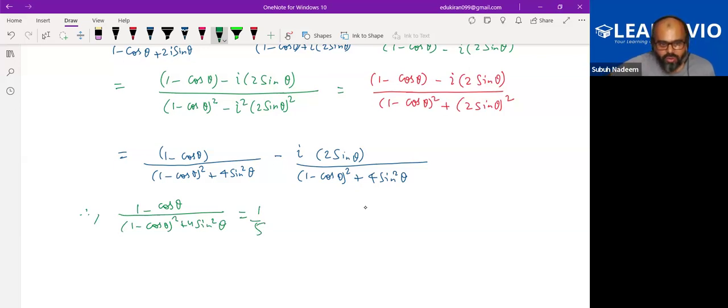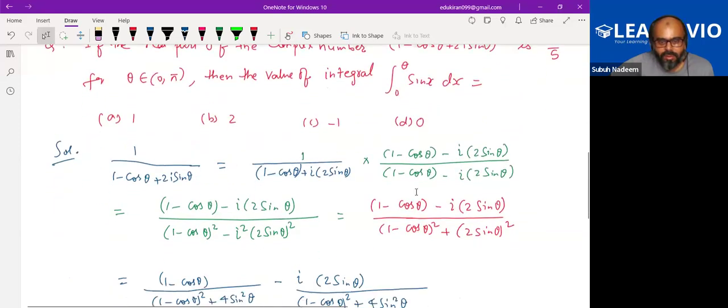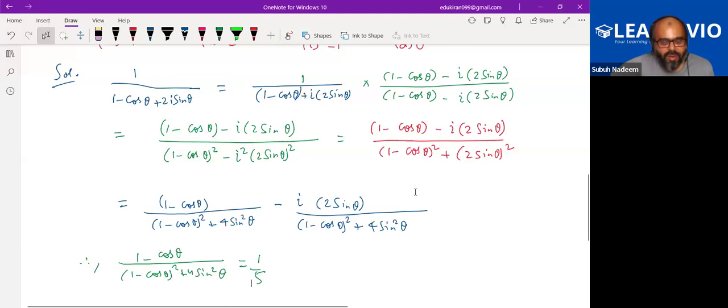Now you have to solve this and find the value of θ. After you find θ, the question has nothing more to do; you just have to find this integral. So note till here and find the value of θ, then we'll discuss it.